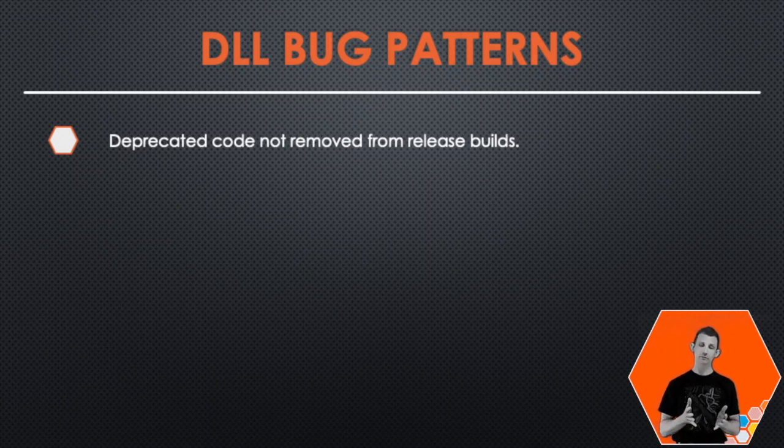It's important to realize that the Microsoft approach to modularity is really just their way of addressing common business needs that many other vendors have also addressed in their own ways. Because these relate to business needs, we will see some of the same bug patterns across different technological implementations of the same capabilities. One that we'll see is deprecated code not being removed from release builds.